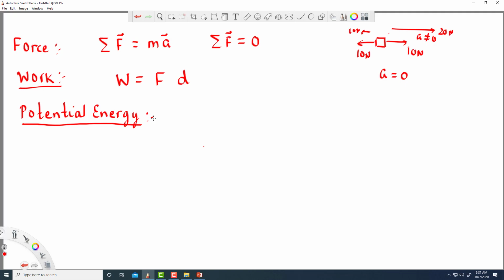Potential energy is possessed by an object at rest, but that's not complete. It also needs to have some height. It's due to the configuration. If I raise this to some height, now it has potential energy. So potential energy is energy due to the configuration of an object.